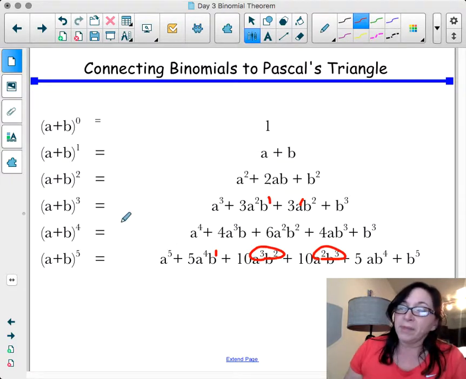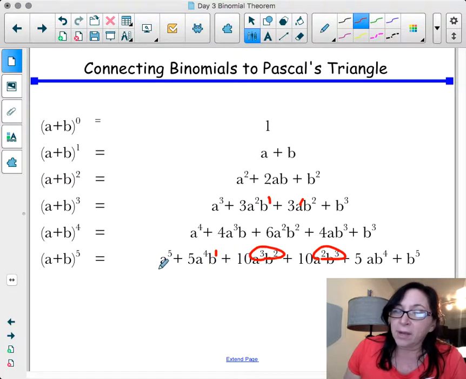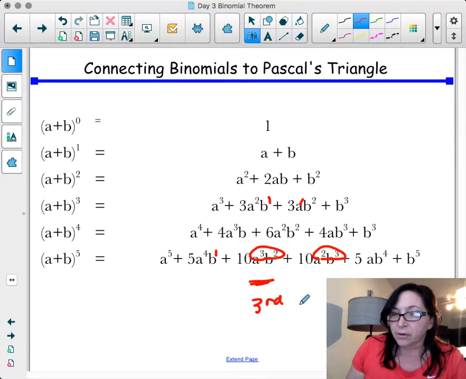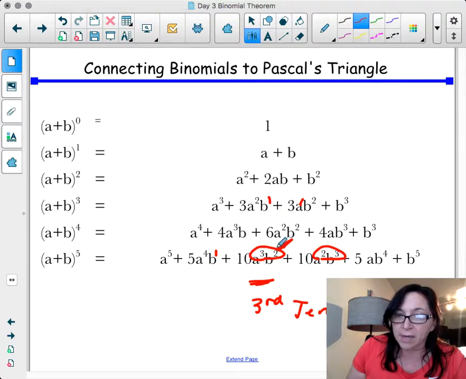So something else is that if I were to count the terms, so like if I have 1, 2, 3, the third term, then the end coefficient, which is a 2, is 1 less. So the power would be 3 minus 1, so that would be a second power.